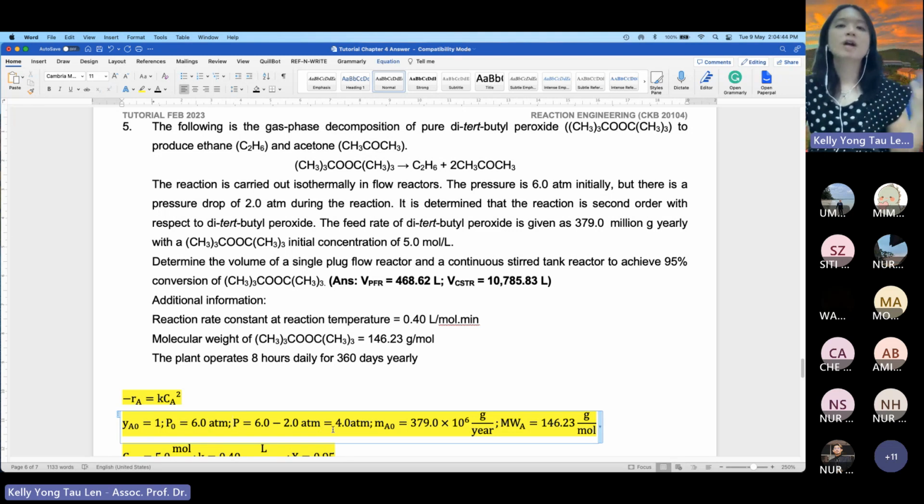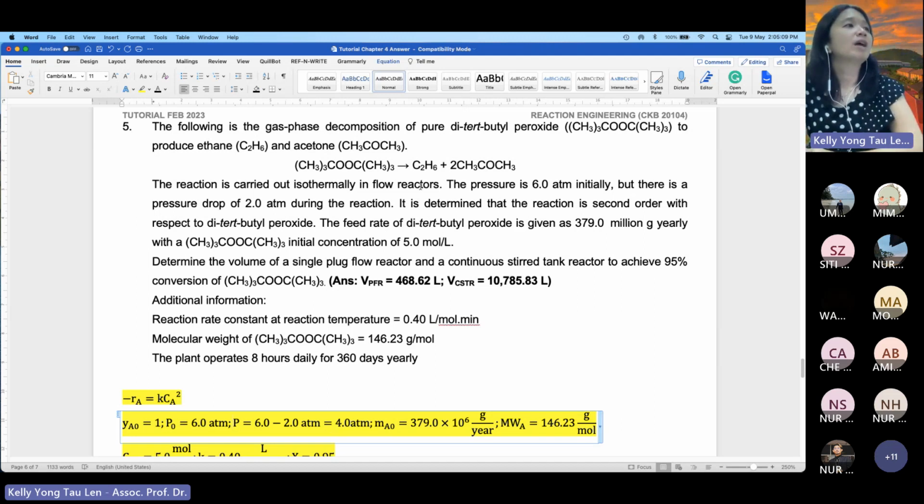Because it says pressure drop of 2 atm, so your pressure after the reaction will be 6 minus 2, 4 atm. So this is something new. Before this you solved questions with no pressure drop. This question now has a pressure drop. So now P0 is 6, P is 4 atm.